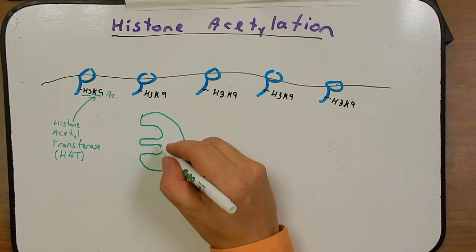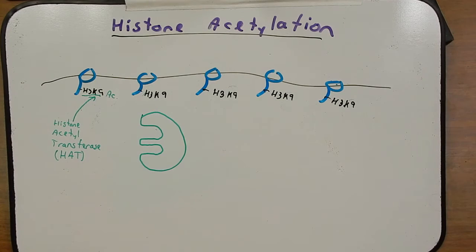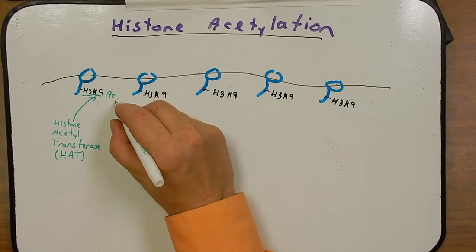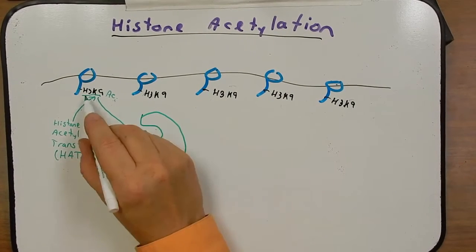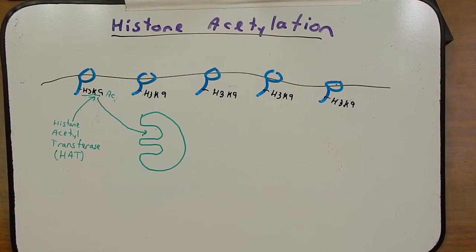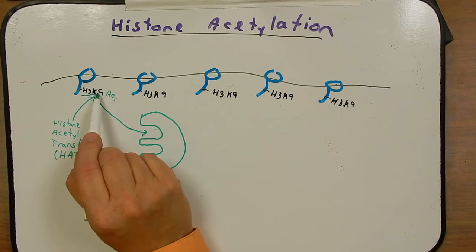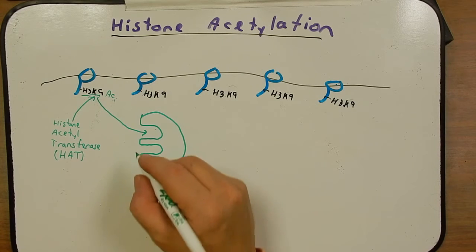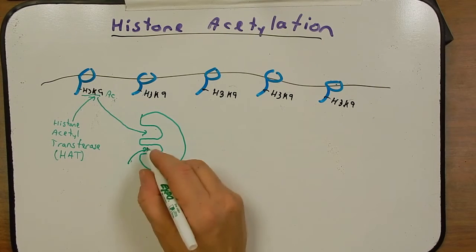And you'll notice I drew two active sites, or rather two binding sites on this enzyme. The first one here is the active site that will bind H3K9. It'll bind this lysine. Now remember, we want to add an acetyl group to this lysine. What better way to do it than to have an acetyl group sitting in this other active site?